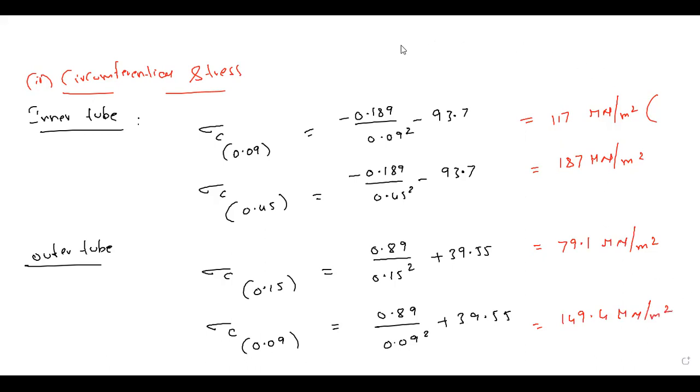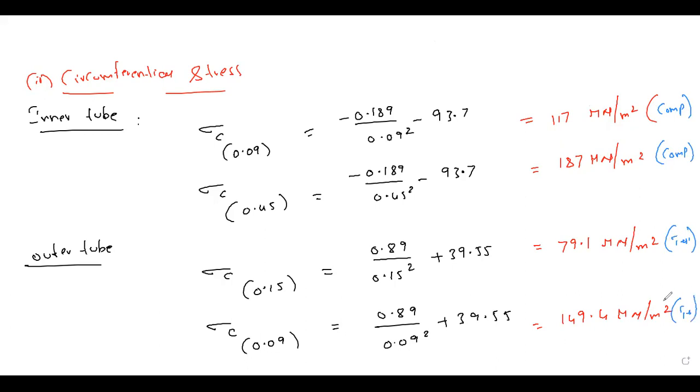So tell me the values. Which value will you get? Here you will get the value in negative, so it is under compression. This is also negative, which is under compression. And this you will get as positive, under tension.